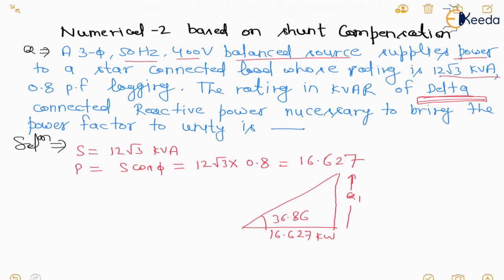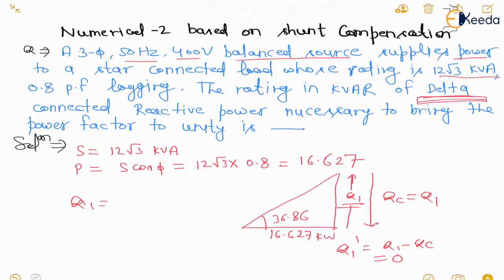The power factor will be unity if Q is equal to 0, meaning Q1 dash will be equal to 0. So QC will come here, so that Q1 dash is equal to Q1 minus QC, and if both are equal then that is 0, meaning QC will be equal to Q1 for unity power factor. So we need to find the value of Q1.